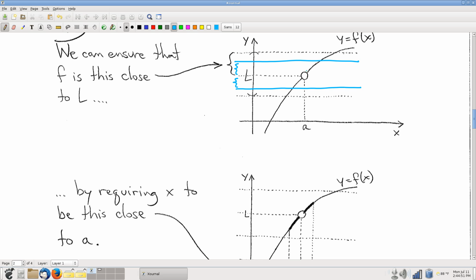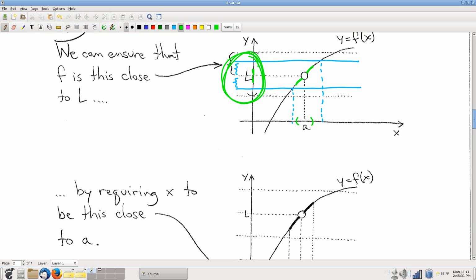You look at this curve and you say, well, look, I can sort of cheat and draw that little line and that little line, and I see that if I were to require x to be no more than that far away from A, then the value of the function would come from these two little pieces of curve, and therefore the value of the function would be somewhere in either there or there, and as required within the allowed tolerance distance from L.